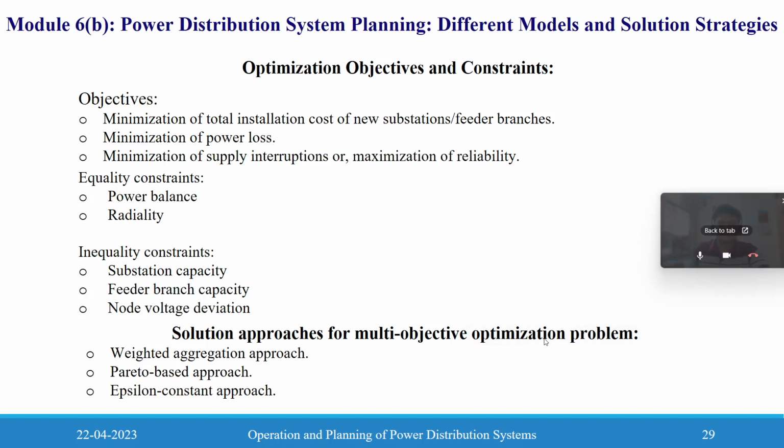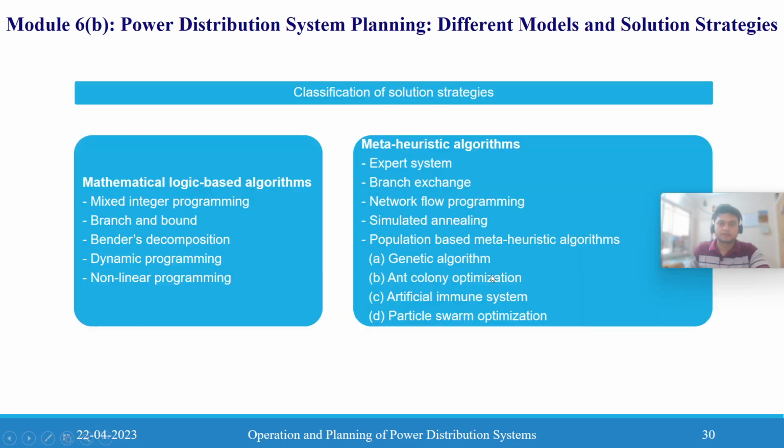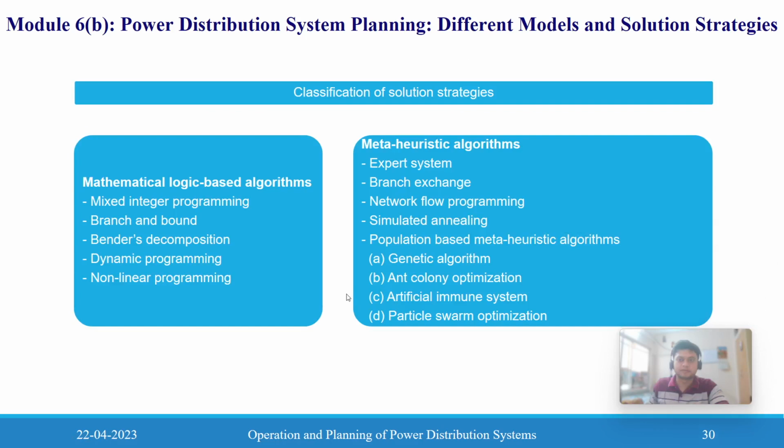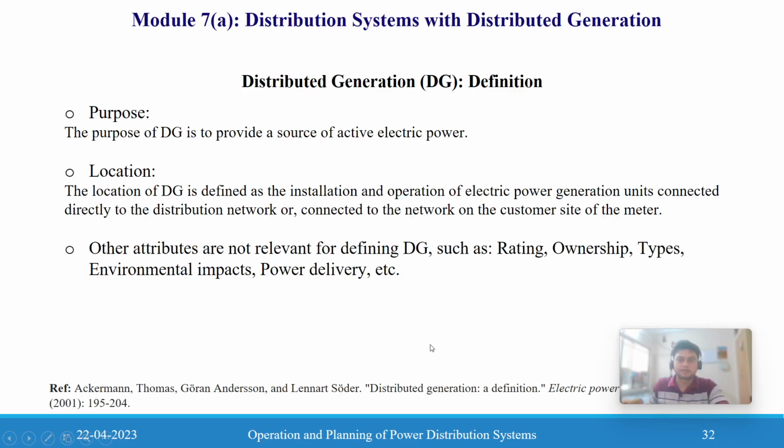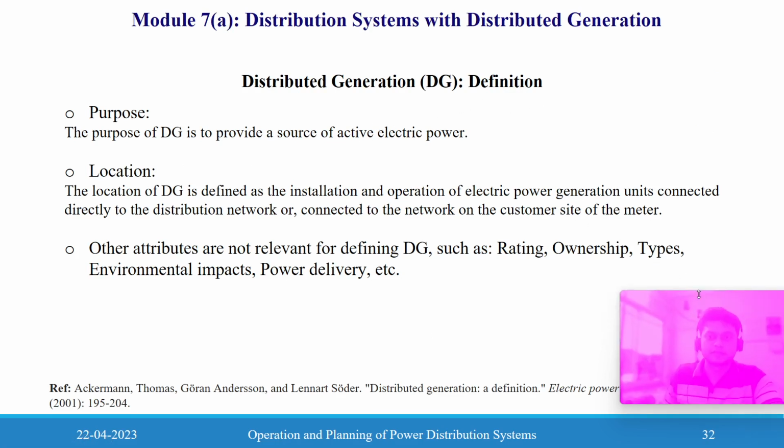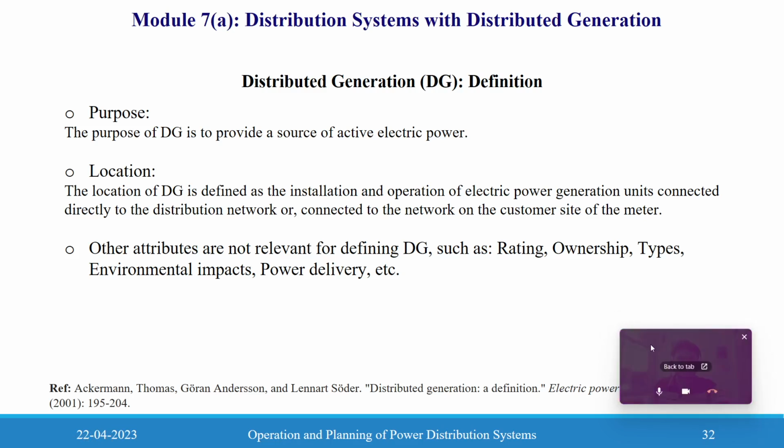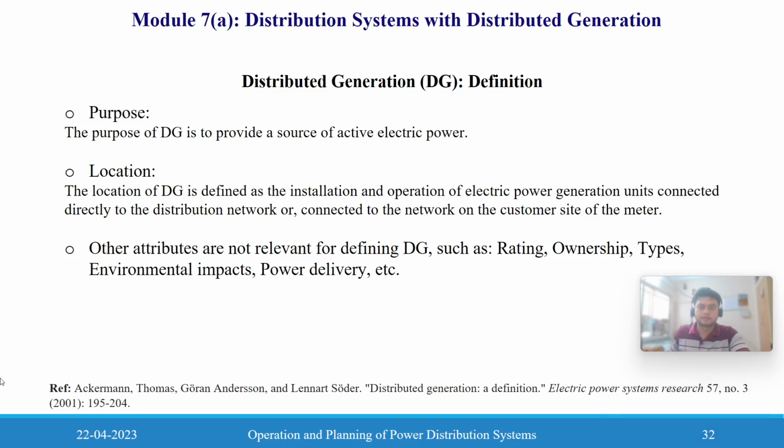The solution approaches for multi-objective optimization are given, and you can find this classification of solution strategy. The important definitions of distribution are also an important part, which I have taken from this reference, Ackerman.